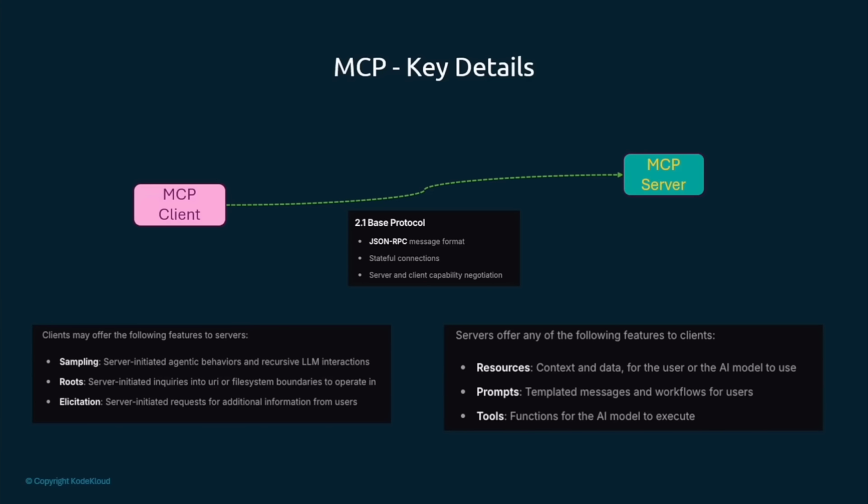Now, don't worry if you don't know any of these details yet. We'll discuss these in more detail in a bit. For now, simply understand that anyone can build an MCP server as long as they adhere to these standards defined. And if a server is built following these standards, any client can use it.